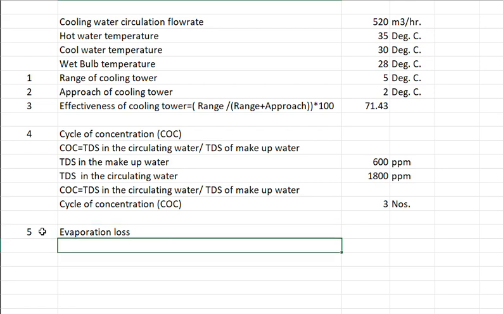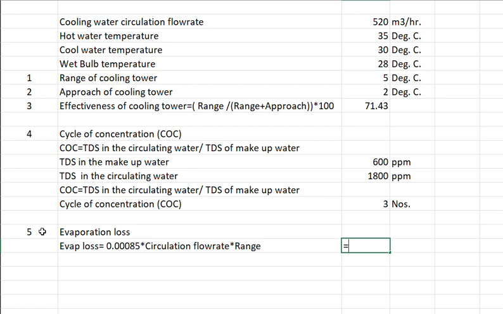So how do we calculate it? We have a standard formula for this: evaporation loss is equal to 0.00085 into the circulation flow rate into the range which we have already calculated.